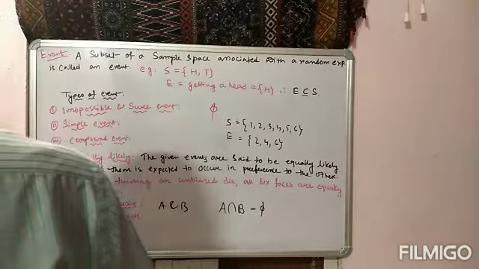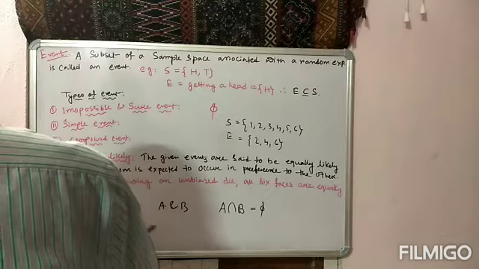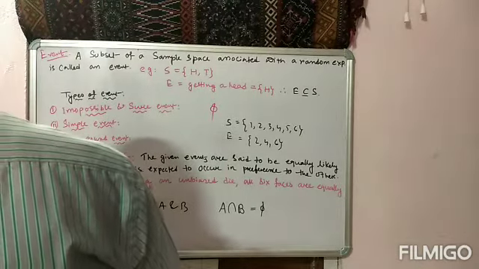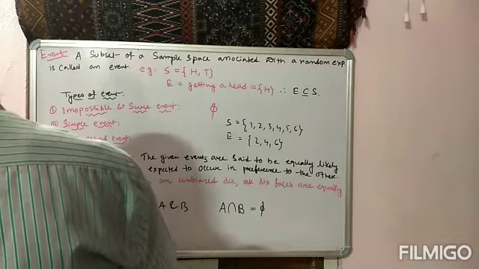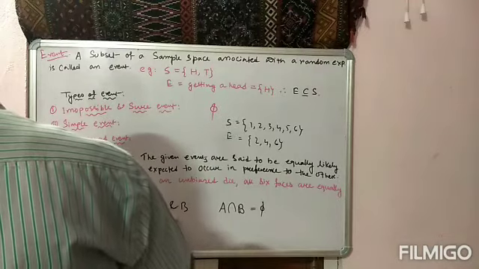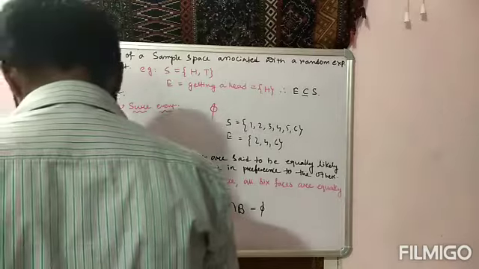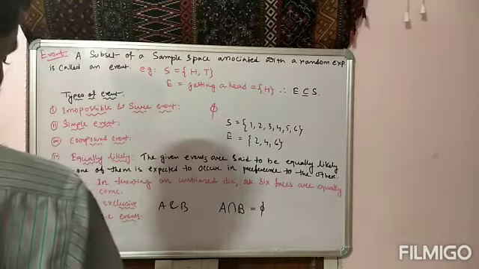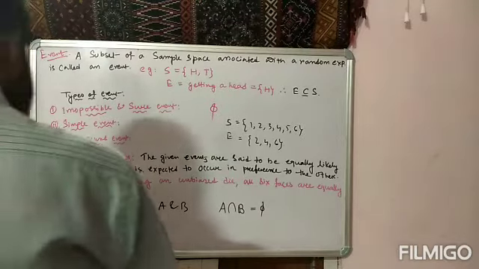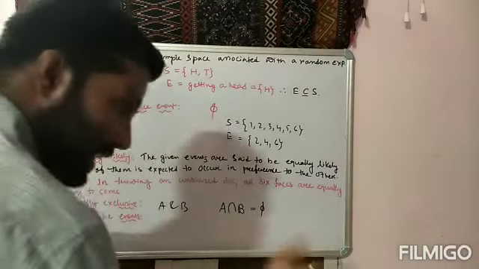Exhaustive event. Next will come exhaustive event. Listen to the definition. A set of events are said to be exhaustive if one of them necessarily occurs whenever the experiment is performed. Okay? Exhaustive event means a set of events. I will give an example.